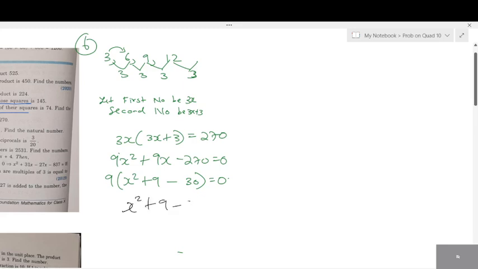x square plus x minus 30 is equals to 0. You have to split this 30. 1 into 30, 2 into 15, 3 into 10. 4 doesn't go. 5 6 are 30.